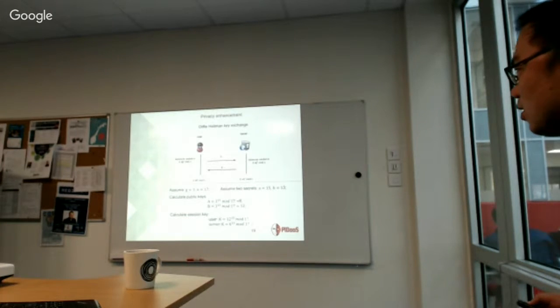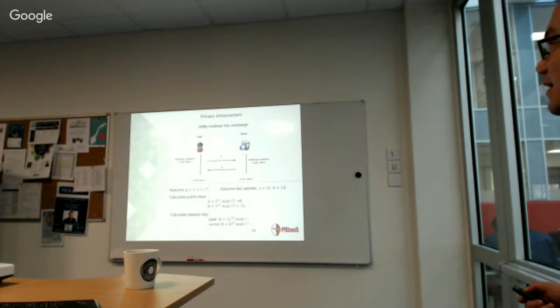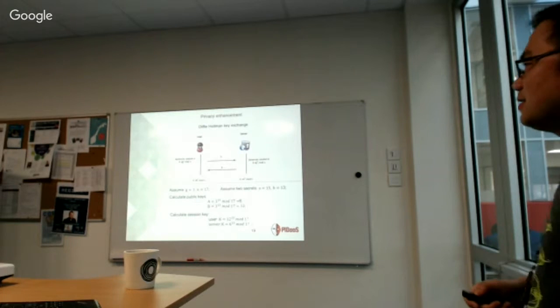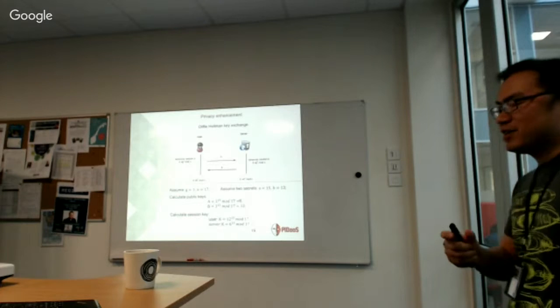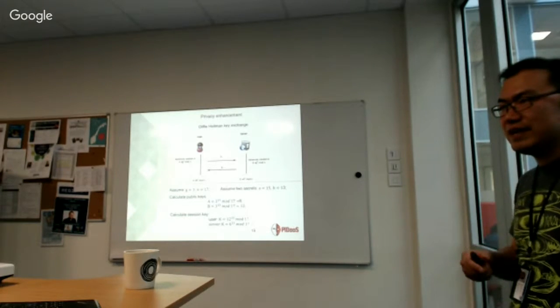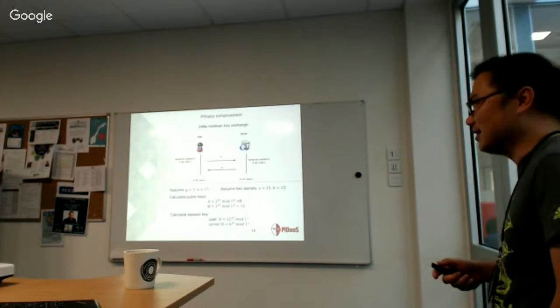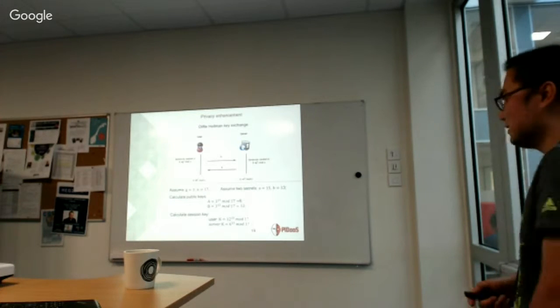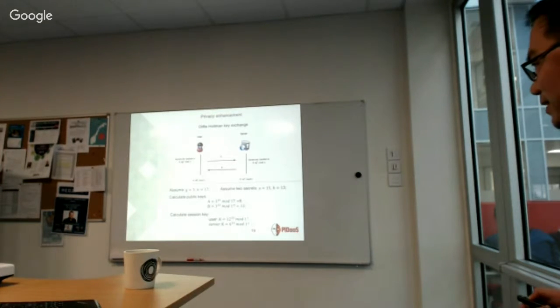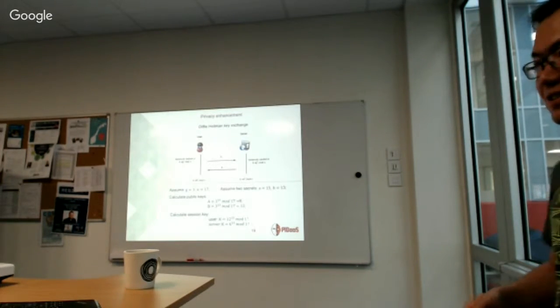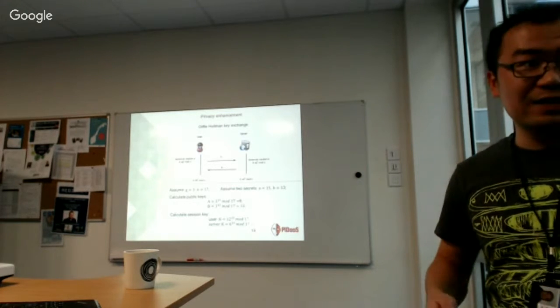The goal of the Diffie-Hellman key exchange protocol is to establish a secure channel by sharing a secret key. We will use this example to explain how they share a secret key.